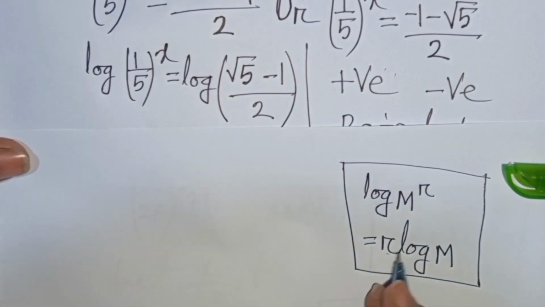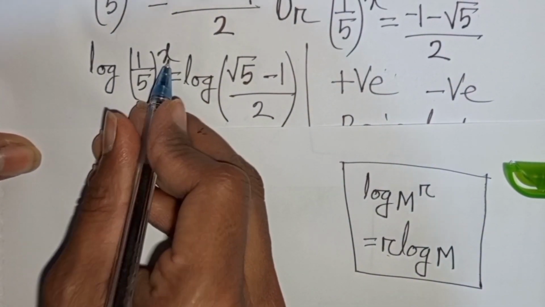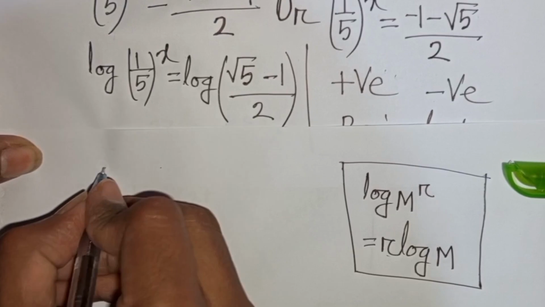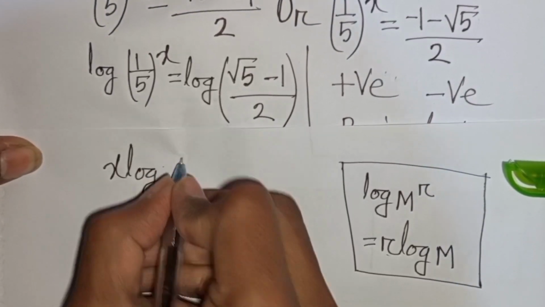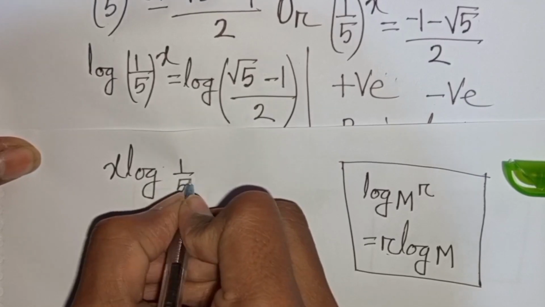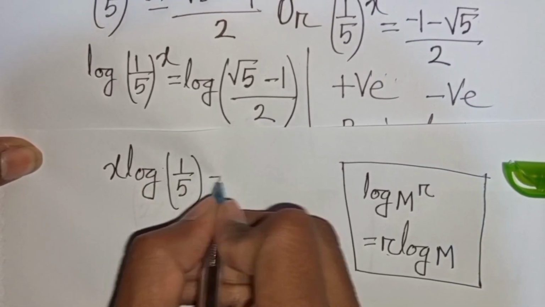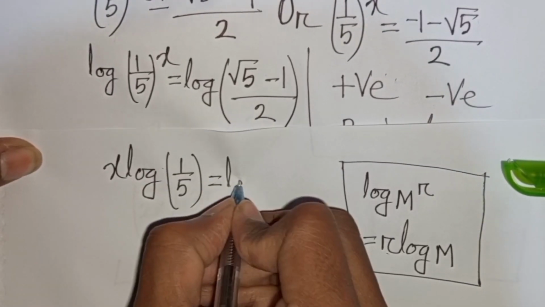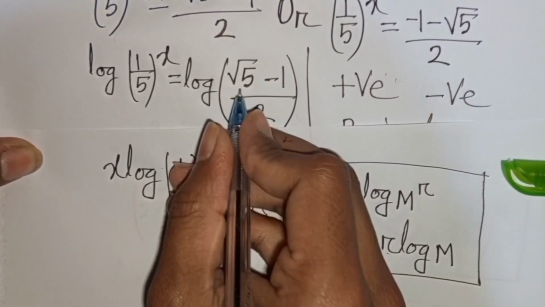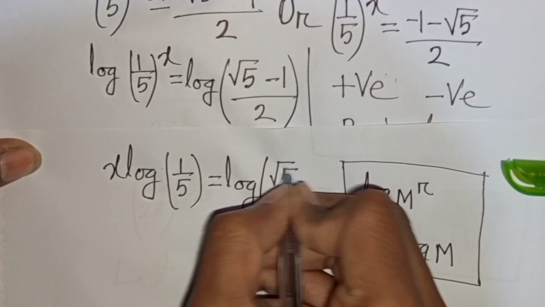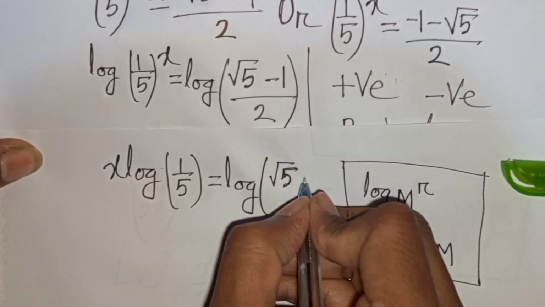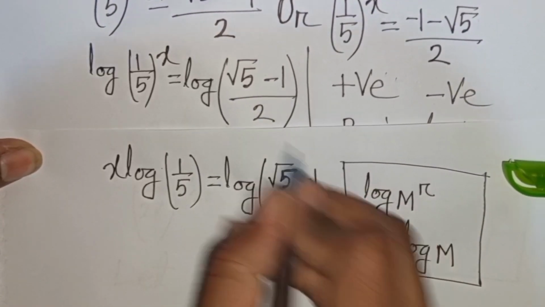So according to this rule, this power x will move in front. So you can write here x log 1/5 is equal to log of (square root of 5 minus 1) over 2.